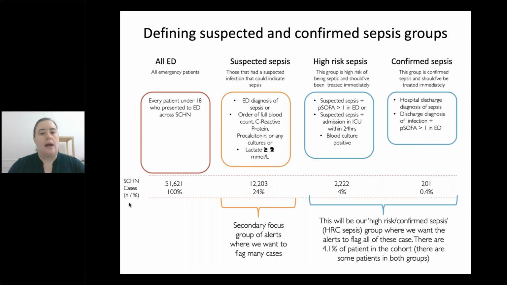But we've been able to calculate the organ dysfunction score, the failure score. It's quite a complicated score, so being able to automate that saves a lot of time for people.